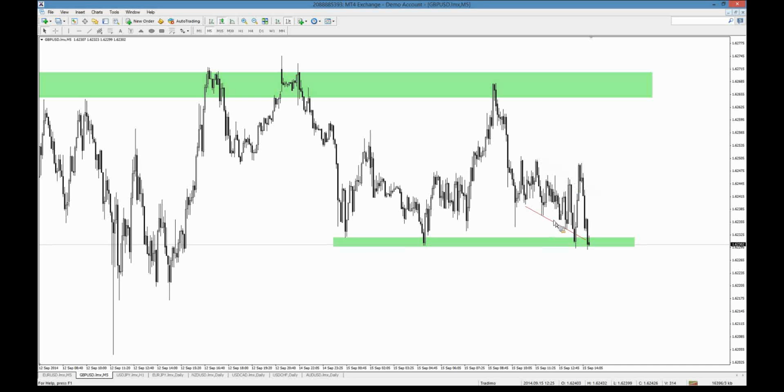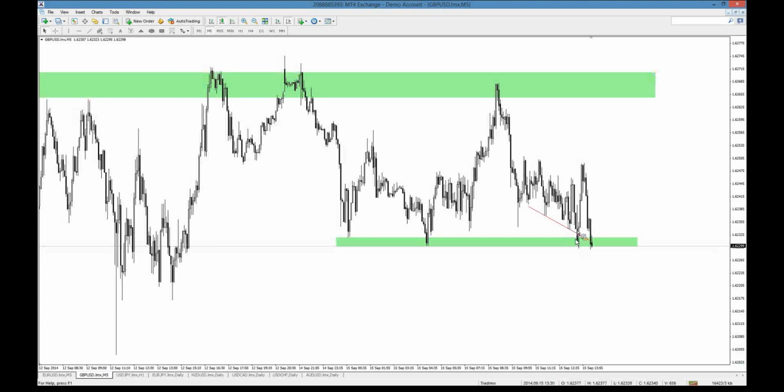So here's 1 push, 2 push, 3 pushes, and then we get something like either a false break. What I mean by false break is we get something that looks like this. We get a spike. Okay, the spike is a very good indication that we have orders coming into the market, okay.